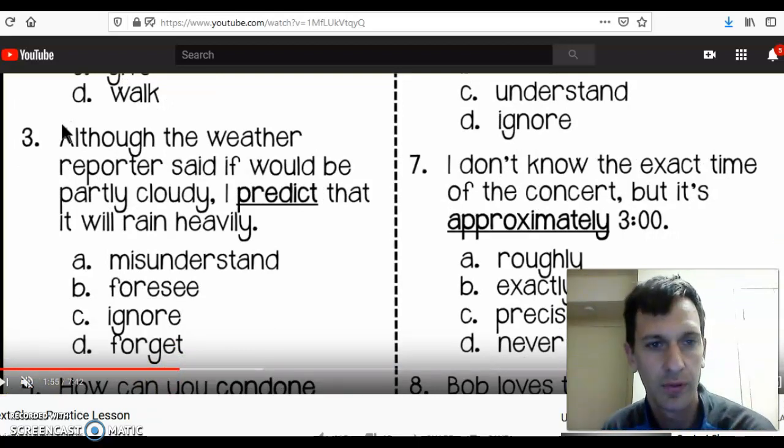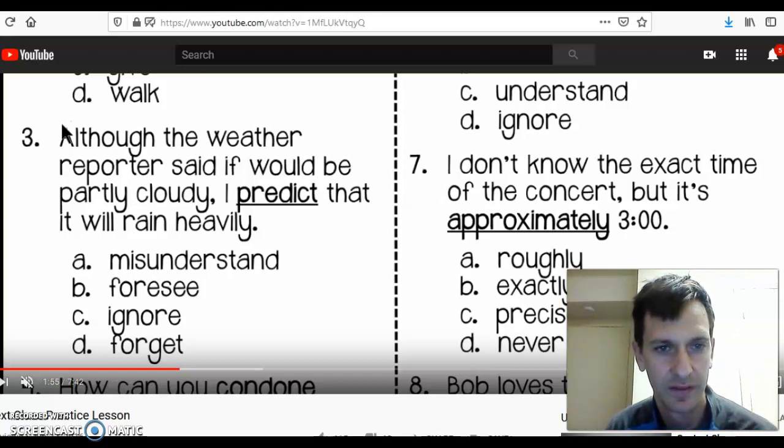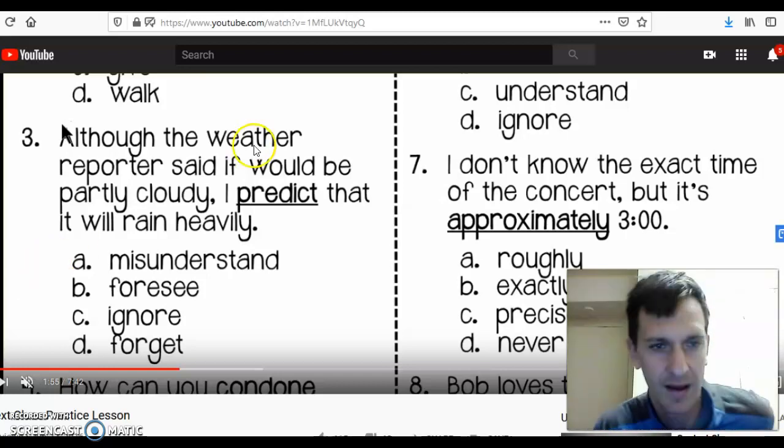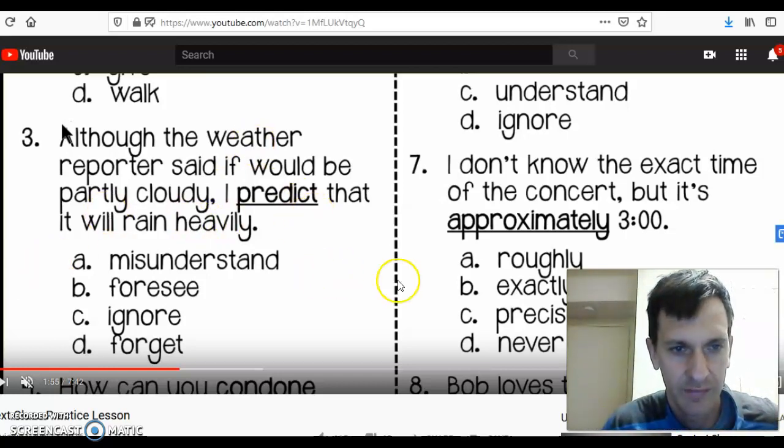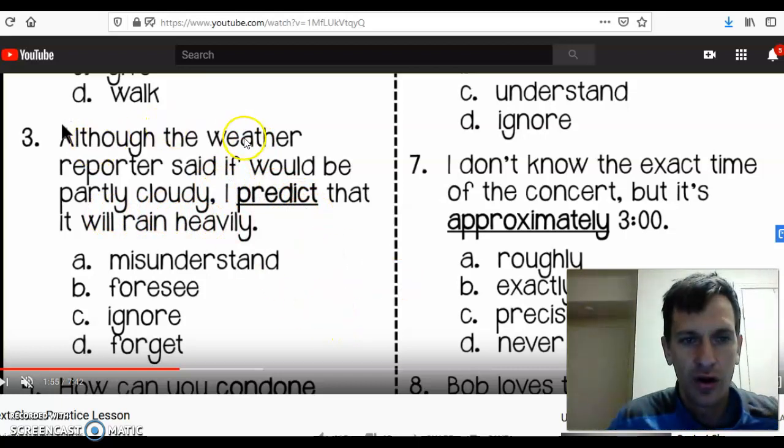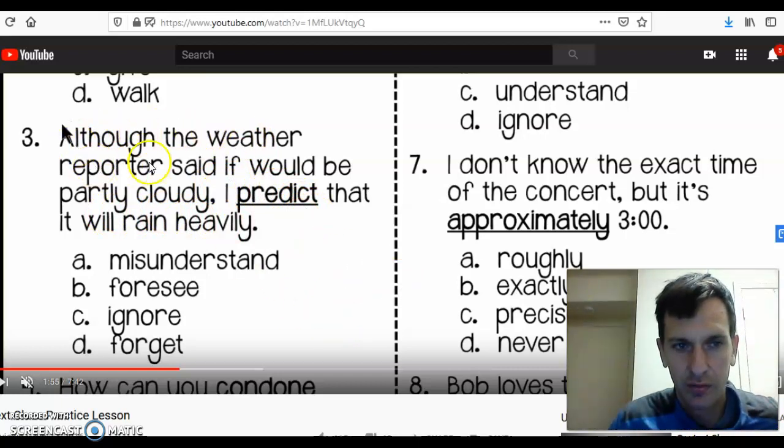Although the weather reporter said it would be partly cloudy, I predict that it will rain heavily. Here's our key: although. Are you misunderstanding it? Are you foreseeing it? Are you ignoring it? Or are you forgetting it?